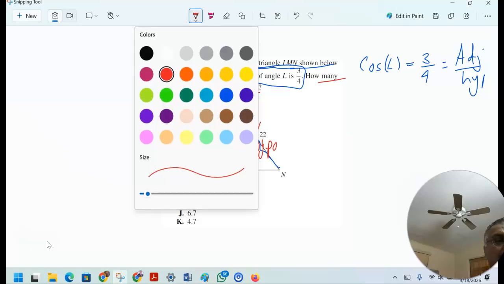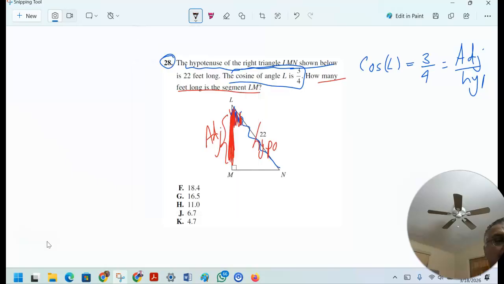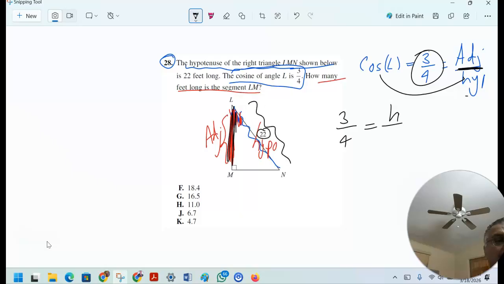So we can use the definition of cosine. They already gave me that this is 3/4. So 3/4 equals adjacent, which is what we don't know, so that's the height, over the hypotenuse, which is this piece, 22.